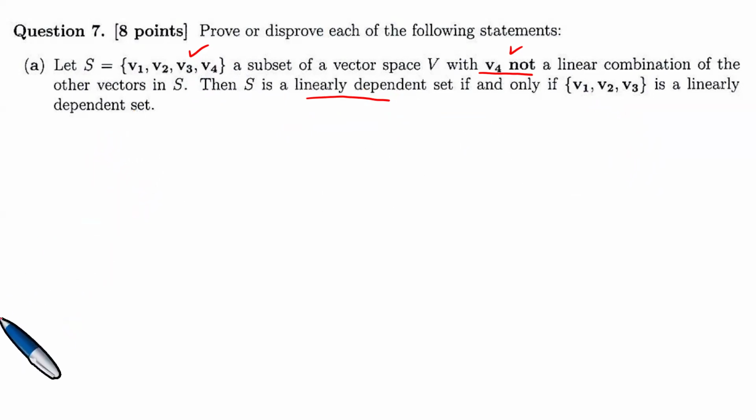Okay, so this obviously is a very important observation. But there's more we can say. First things first, we take note of the fact that this generally is a true statement: S is a linearly dependent set if and only if V1, V2, V3 is a linearly dependent set.